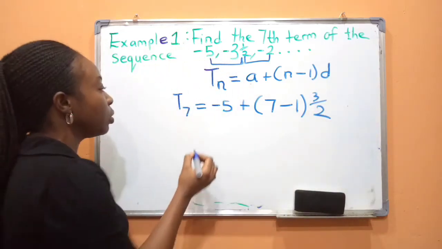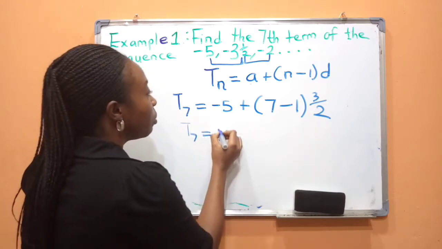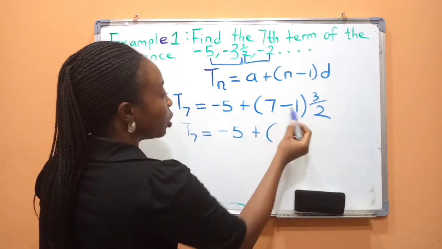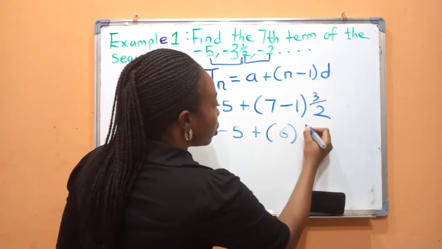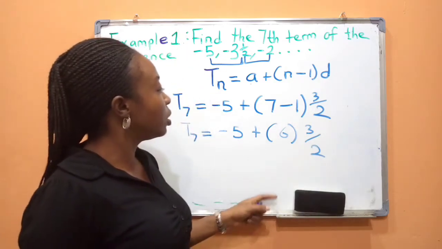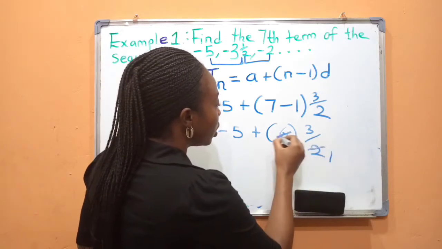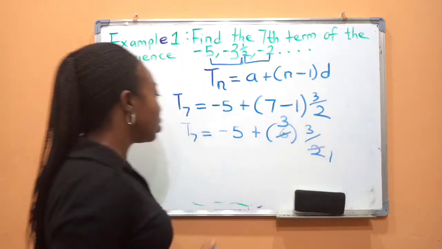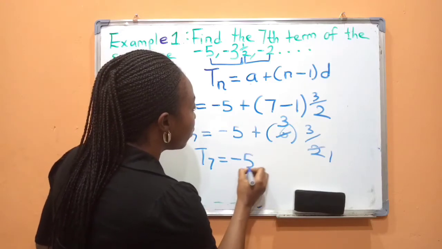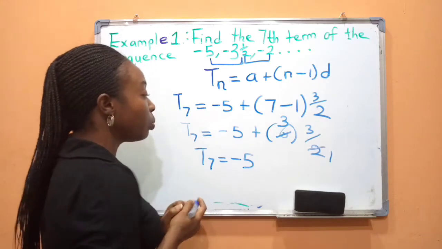So T7 equals minus 5 plus, 7 minus 1 gives us 6. You close the bracket, you have 3 over 2. So the next thing we're going to do, let's check if we can divide. 2 goes into 2 once, and 2 goes into 6 three times. So T7 equals minus 5 plus 3 times 3, which gives us plus 9.